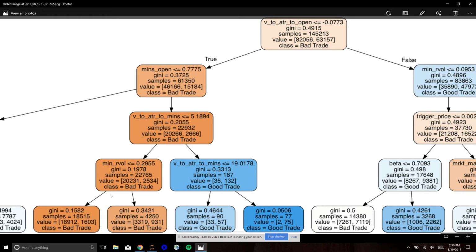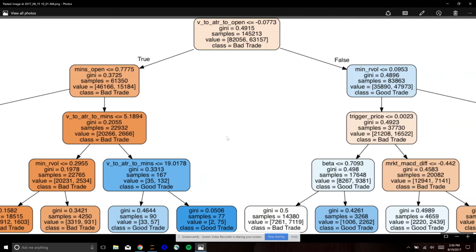Yes, we move down to here. Now is the minimum relative volume less than 0.2955? No, then we go down here. Based on this rule set, that new trade it just saw is going to be classified as a bad trade.